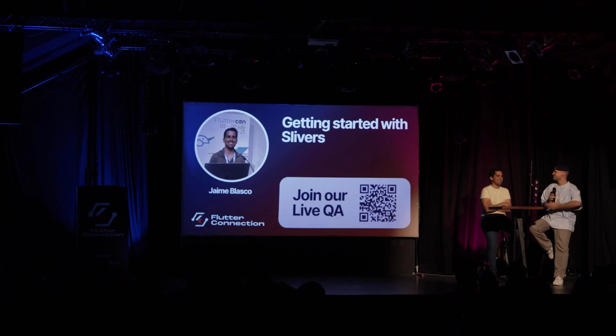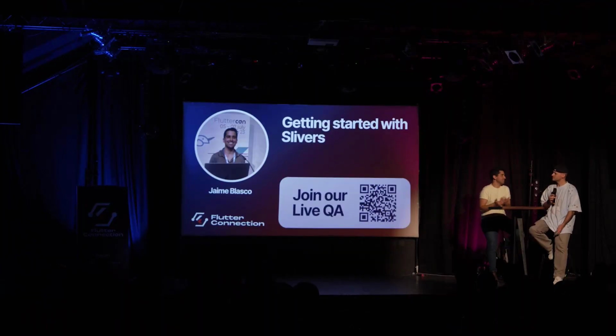Like SliverGridDelegateWithMaxCrossAxisExtent, you know, it's crazy. Just by reading that, it feels dangerous to use. And I already suggested making friendlier names, like instead of custom scroll view, just call it scroll view. That will make it even more friendly to use. Naming is not always the best thing, actually. Yeah, I know that, but people shouldn't be afraid of using these tools, definitely.